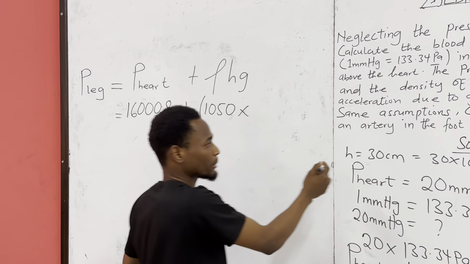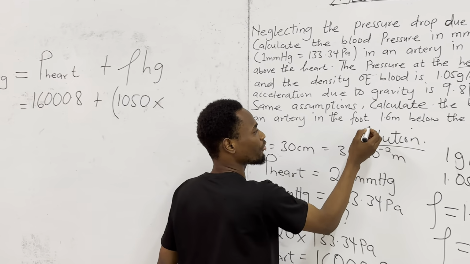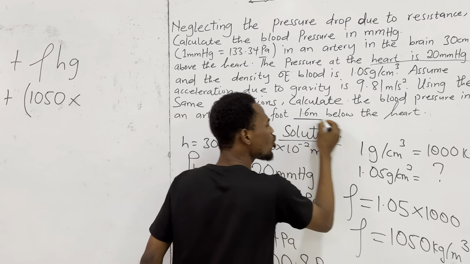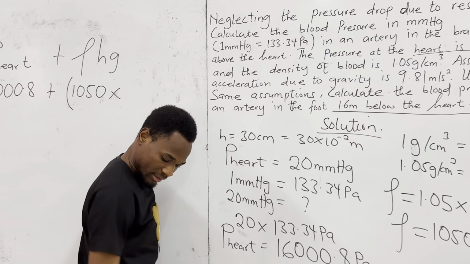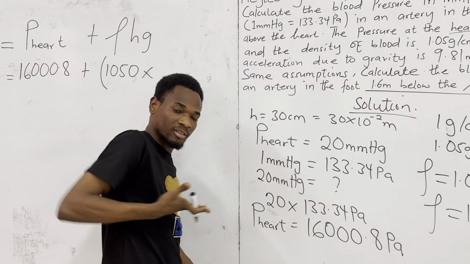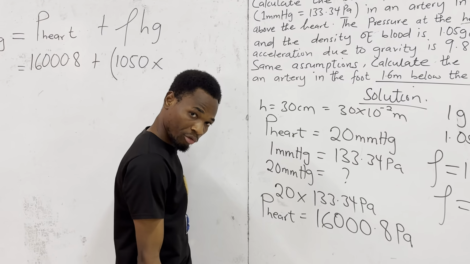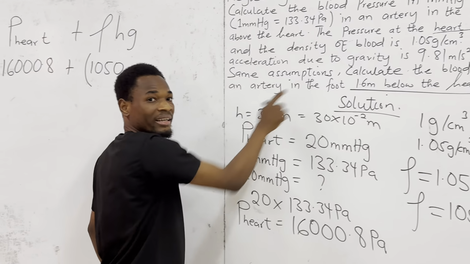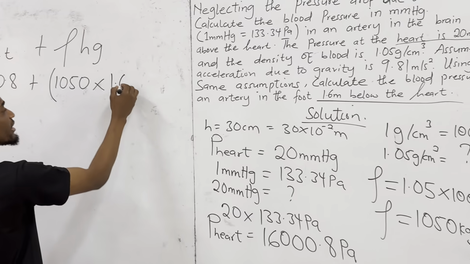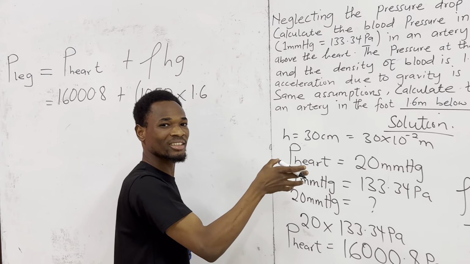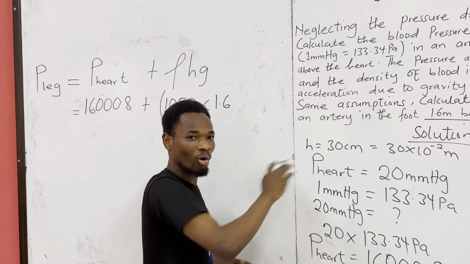Here it said an artery in the foot, that's 1.6 below the heart. So from my heart level to my foot or the leg, this is the distance, my 1.6 meters. It's already expressed in its SI unit, so I don't need to do any conversion.